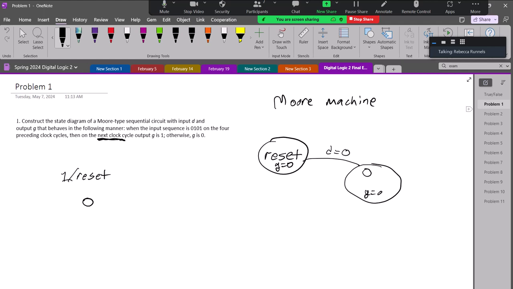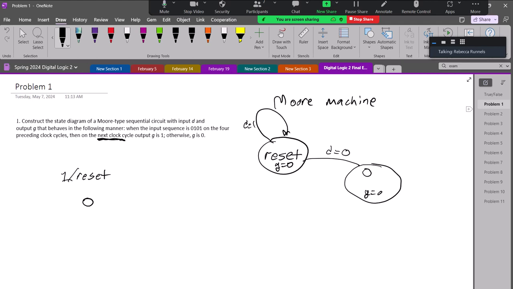And G will also equal 0 because I don't have my sequence yet. So what happens if I'm in my initial state and I get an input of 1? It goes back because I still don't have anything. So this would be D equals 1.